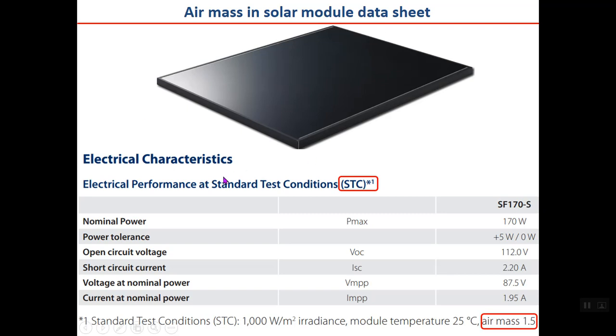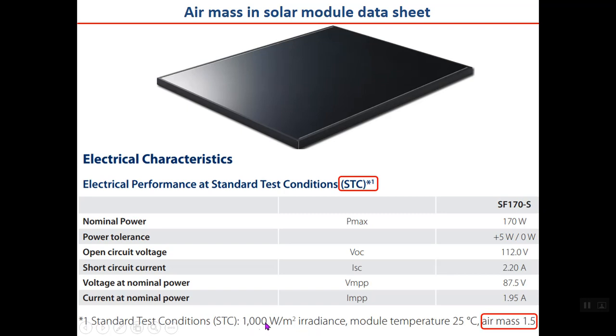There is a standard test condition, or STC. As you can see here at the bottom, a standard test condition is when the irradiance is 1000 watts per square meter. You can see the meaning of these terms in the data sheets. Maybe you have seen them before also, but you know that irradiance is different from irradiation.